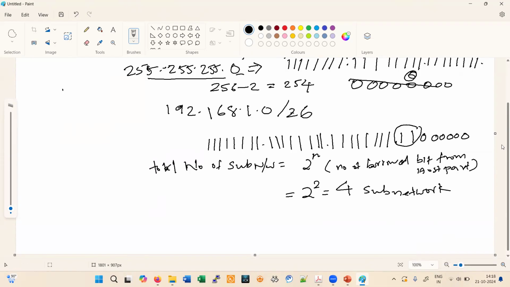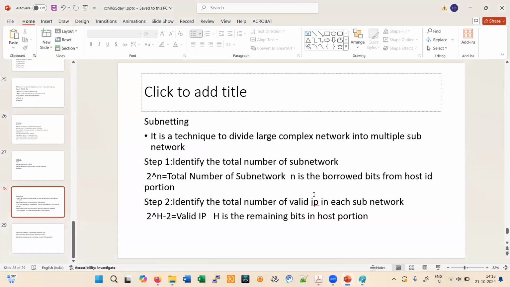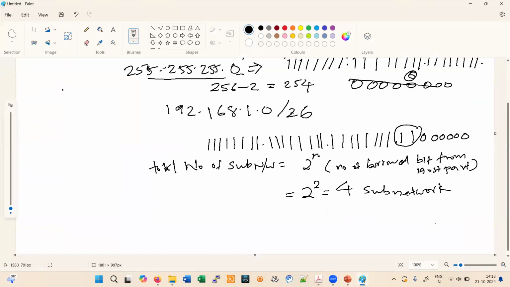Now we need to identify the total number of valid IPs in each network. Now we have 4 networks. We need to find the total number of valid IPs in each network.